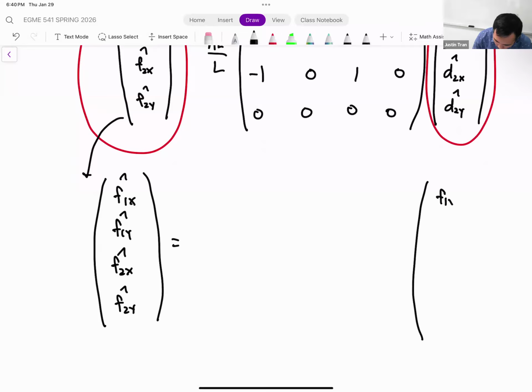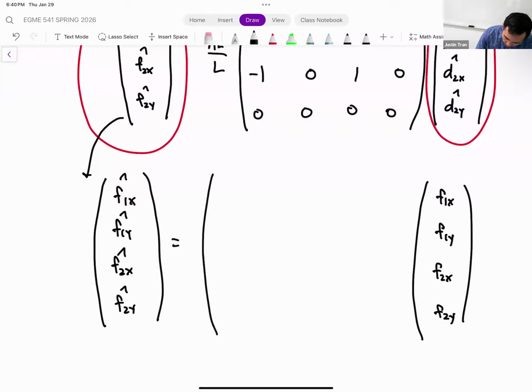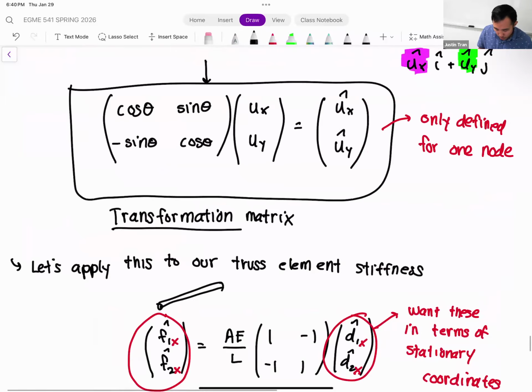And so we have F1x, F1y, F2x, F2y. The x and y directions on the rightmost vector are defined relative to the stationary coordinates. To do that, we need to perform our transformation matrix. But our transformation matrix is only 2 by 2.